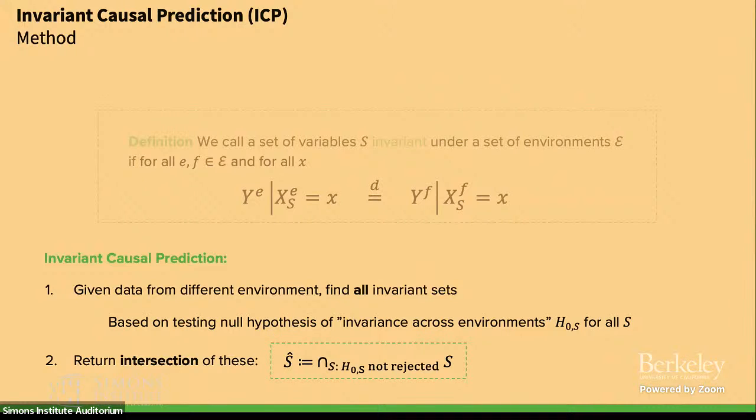To clarify, this is set up in such a way that this null hypothesis holds for the true set of causal parents for all possible sets of environments. But for some environments, this may also hold for other sets S.